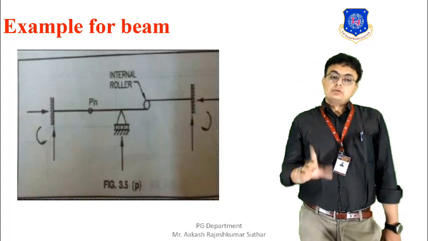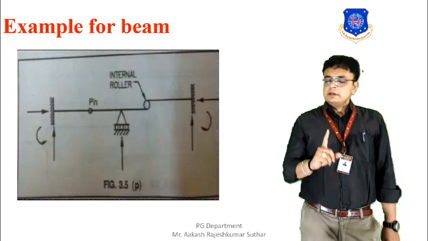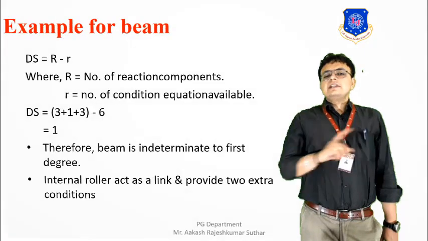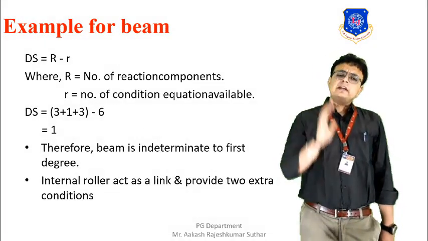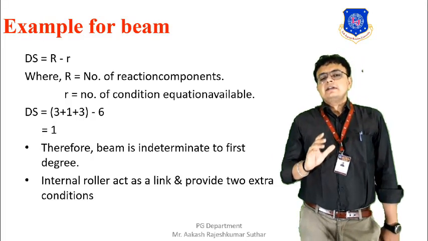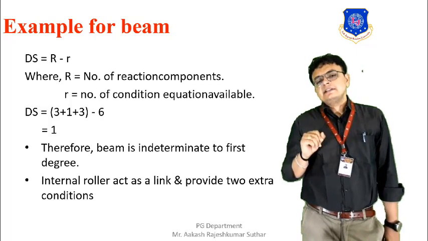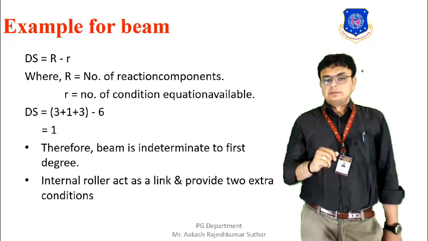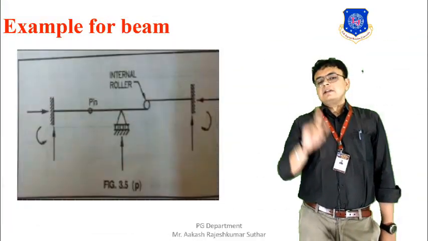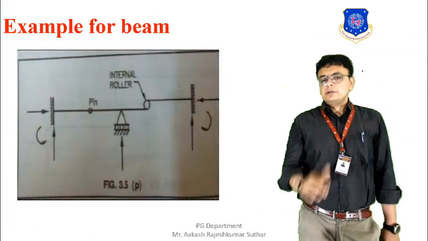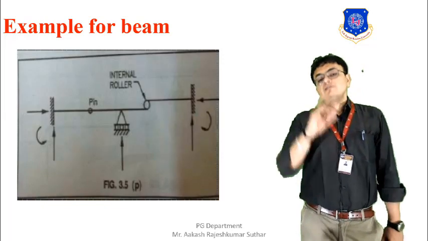So there will be an addition to the number of equations that are available. At the same time, you also see another roller. Whenever an internal roller is provided, it acts as a link, and it provides two extra conditions. Here in the figure we have only one internal roller, so because of this internal roller, two extra condition equations will be available.